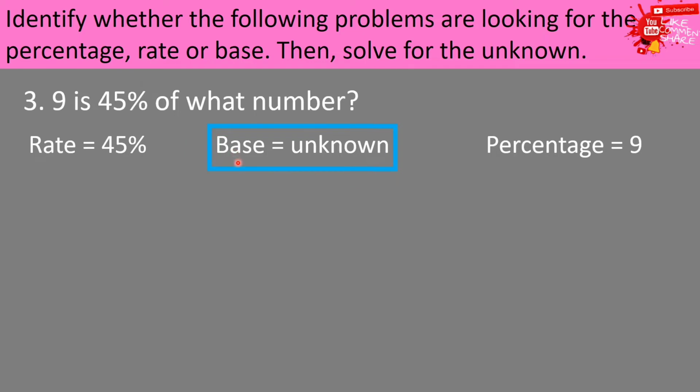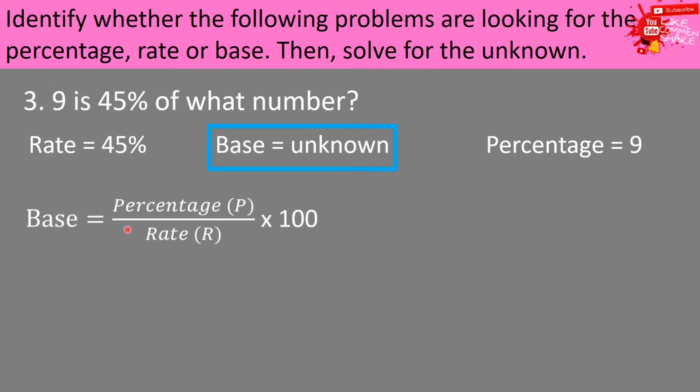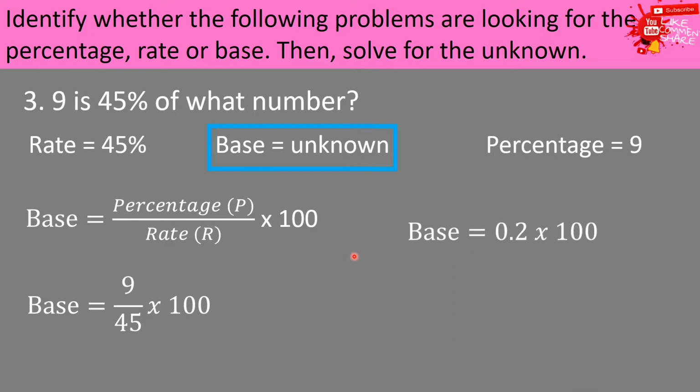So since base yung hinahanap natin, so kailangan natin ng formula for the base. So base is equal to percentage divided by the rate times 100. Then, substitute lang natin yung 45% at saka yung 9. Kaya, magiging base is equal to 9 divided by 45 times 100. Tapos, mag-divide lang tayo. What is 9 divided by 45?